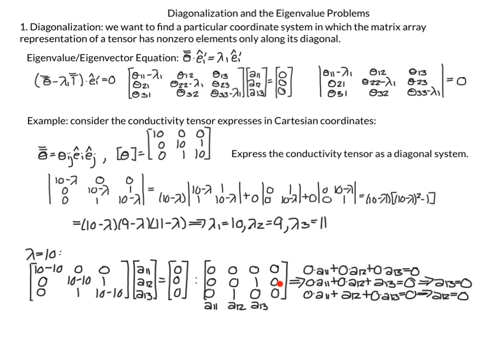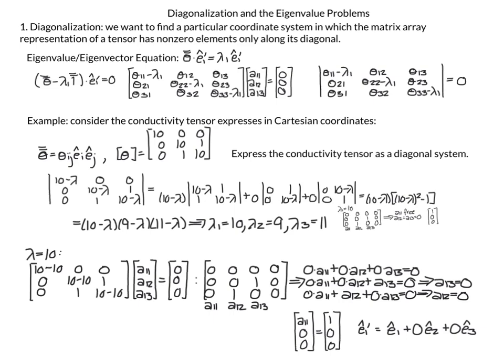But let's look at our next equation. We have 0 times A11, 0 times A12, and then 1 times A13 equals 0. So that implies that A13 is 0. And our last equation, 0 times A11, 1 times A12, and 0 times A13 equals 0. So that implies A12 is equal to 0. In this case, there's no restriction on A11.